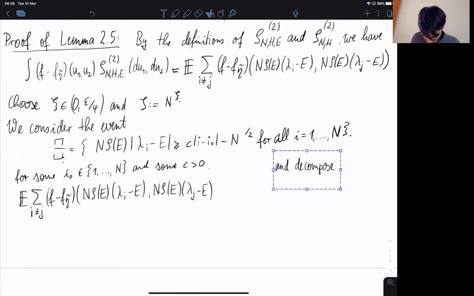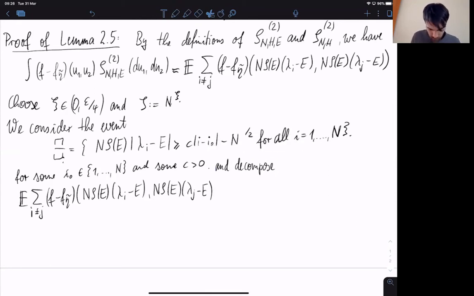Okay, I hope this is not too messy now. The I0 and also the C will be fixed in a minute when we apply the eigenvalue rigidity to show that this occurs with high probability. I hope there are no more confusing things here anymore.